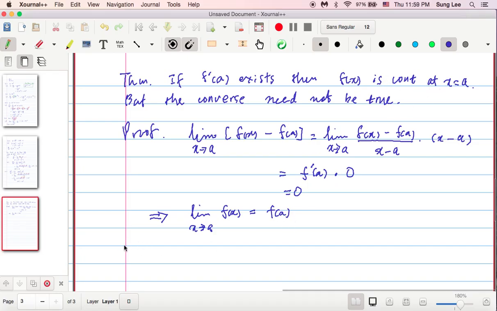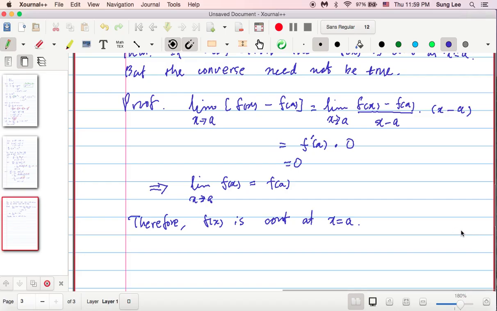Exactly. Therefore, we just showed that f of x is continuous at x equals a. Done. Okay, so no big deal, right? The proof is easy.